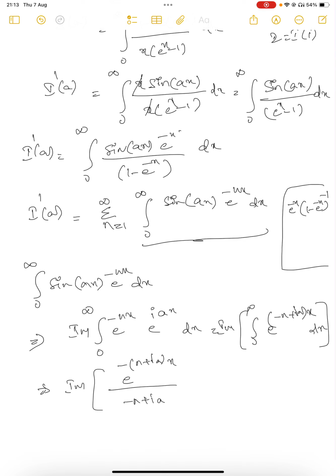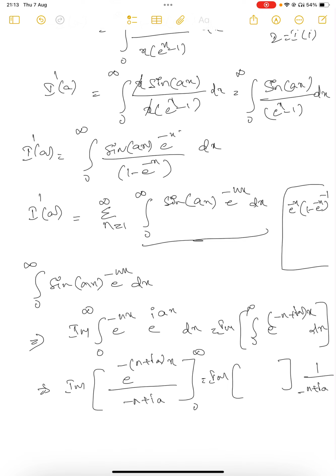The integral limits are 0 to infinity. Let's keep this part separate.